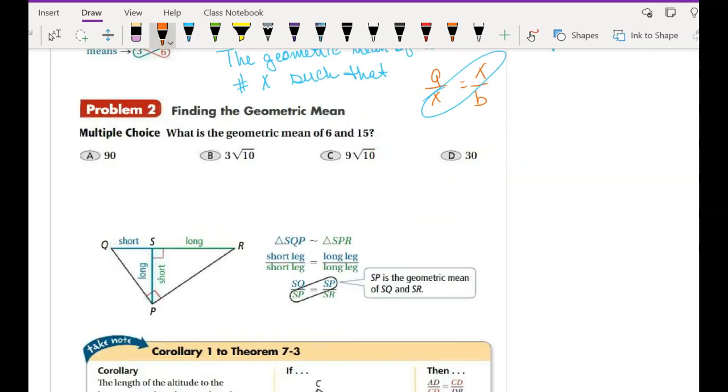Okay, so let's go on to problem 2. We need to find the geometric mean of 6 and 15. So 6 and 15 are going to be my A value and my B value. So 6 over x is equal to x over 15.